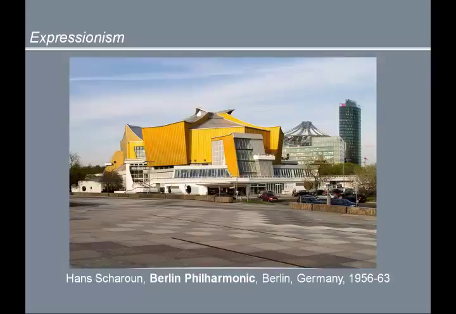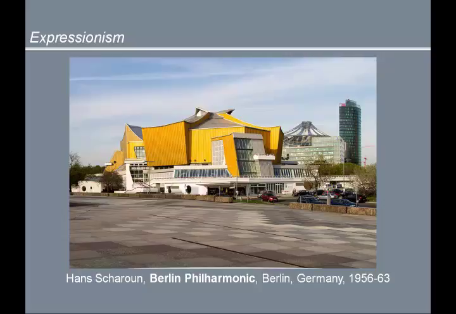A later example of an expressionist structure is Hans Scharoun's Berlin Philharmonic. And you'll notice this is quite a bit later. This is in the 50s and it was finished in the 60s. But I'm just mentioning it here because it's very tempting to see architectural periods as being progressive. So one starts, but then it ends, then the next one starts, the next one, etc. And that's absolutely not the case.